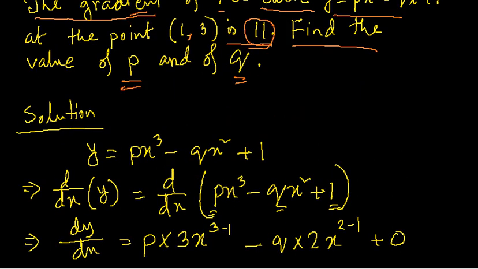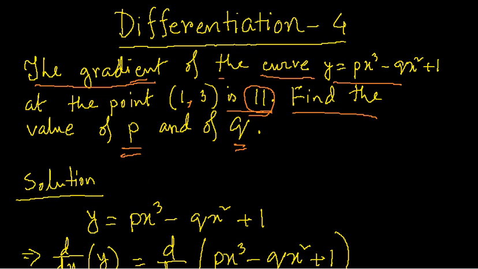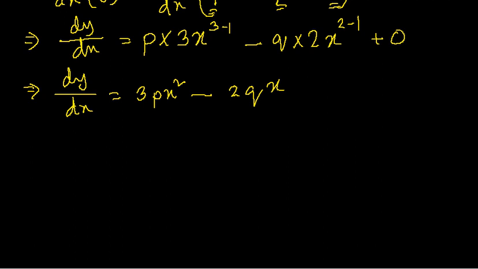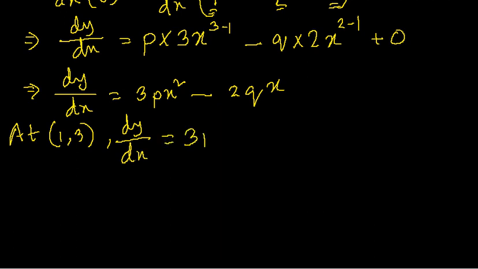It is given in the question that the gradient of the curve at the point (1, 3) is 11. So at the point (1, 3) we will find the gradient of the curve. At the point (1, 3), dy by dx will be 3p into x square, where x equals 1, minus 2q into x, where x is 1, the x coordinate of the point.